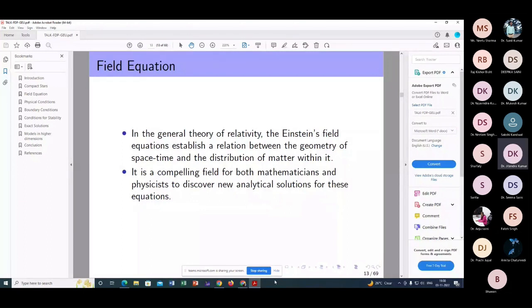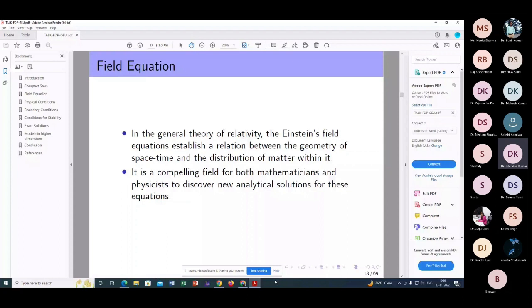These equations establish a relation between the geometry of space-time and the distribution of matter within it. It is a compelling field for both mathematicians and physicists to discover new analytical solutions for these equations.